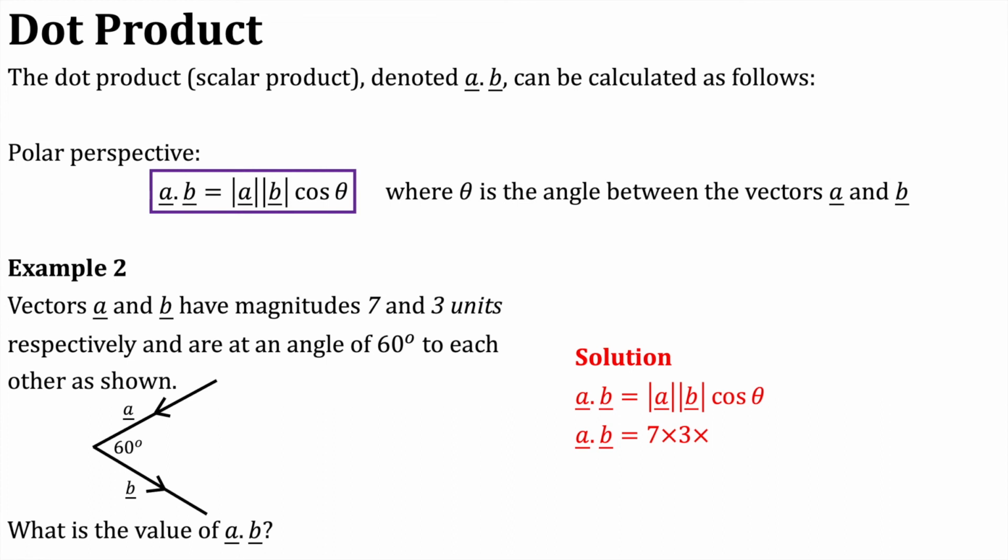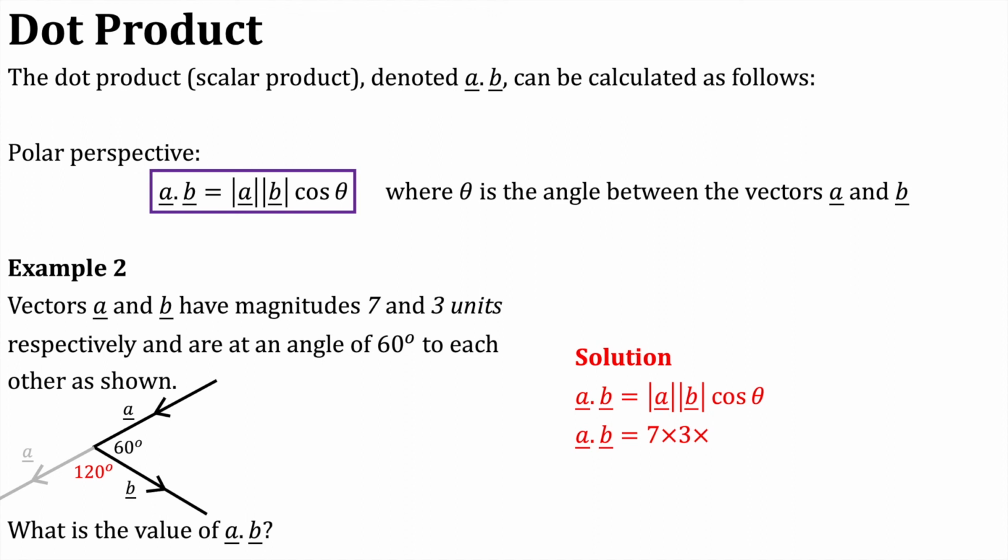So if we just extend vector A here, we can now see in this part of the diagram that if we use this angle here, which is 120, then both of the vectors are pointing away from the angle, which is what we need. They both need to be going in the same direction in relation to the angle, so either pointing towards or pointing away.